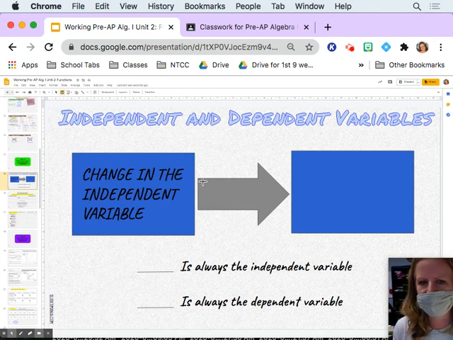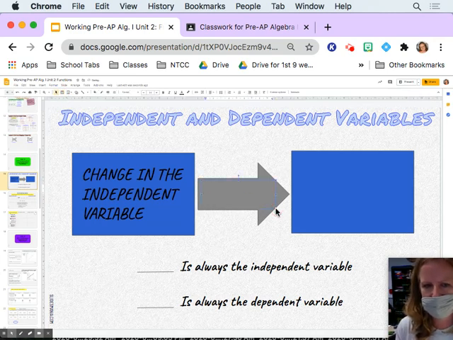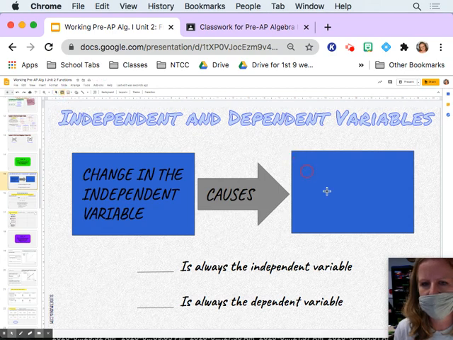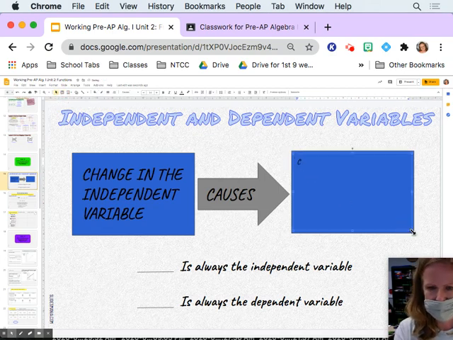Do another text box inside the arrow and put causes. And then the other one is change in the dependent.